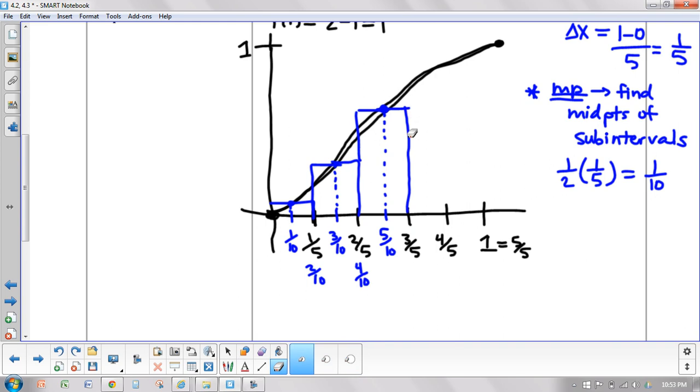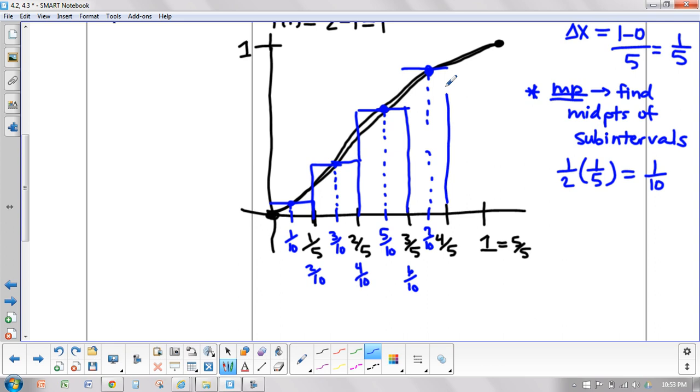And then if you keep counting, 6/10 would be the same thing as 3/5. 7/10 would be in the middle, and go up till you hit your function, and go over. And then 8/10 is the same thing as 4/5, and 9/10 then would be in the middle for that last part. Go up until you hit your function, and then go over.